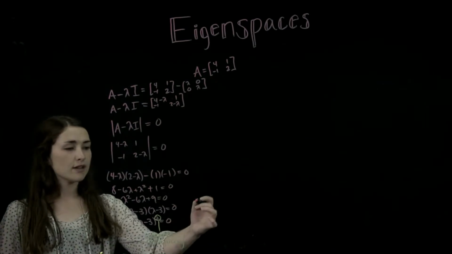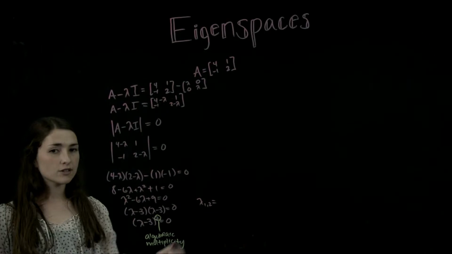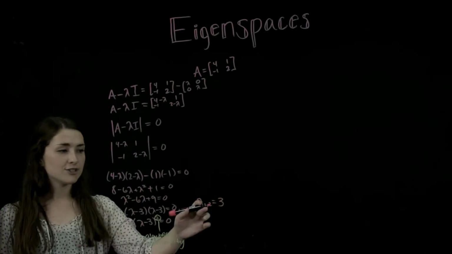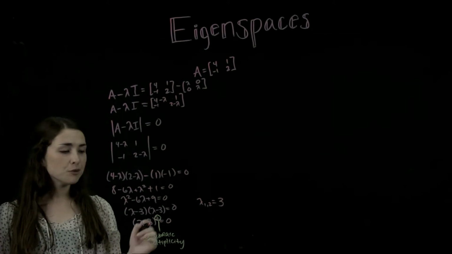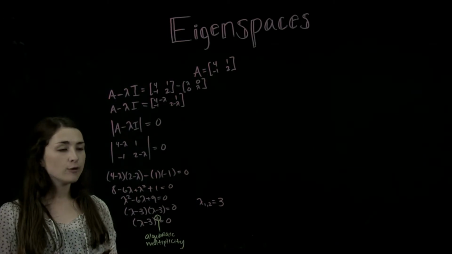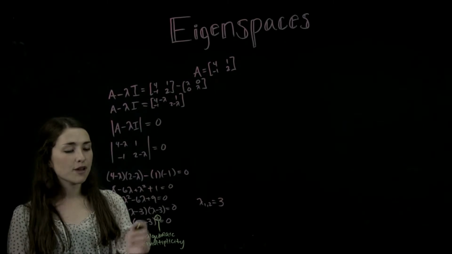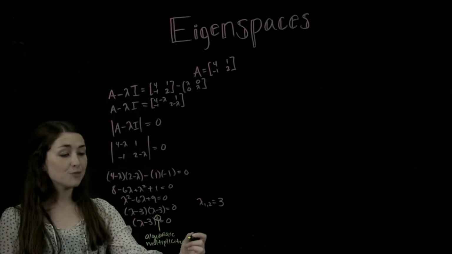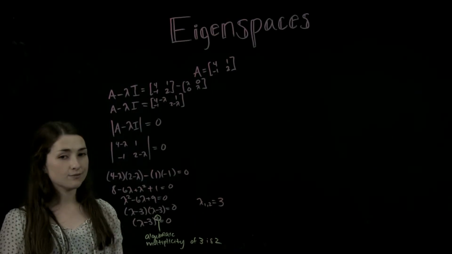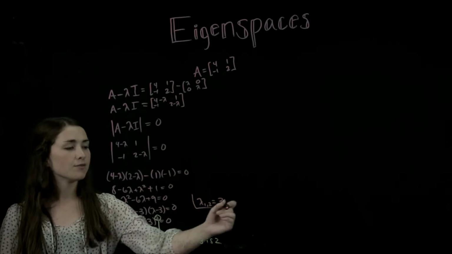So we're going to have lambda 1, 2, and that is going to be equal to 3, because we have this occurring twice, so we have 2, 1, 2. The algebraic multiplicity of this 3, when we solve this algebraically, is the number of times that that factor shows up. So it appears twice. So algebraic multiplicity of 3 is 2. Okay. So now we have our eigenvalue.